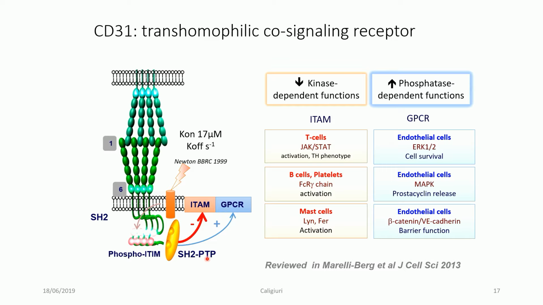And you have some signaling pathways which are dependent on the presence of phosphatases. Globally, it happens that on endothelial cells, CD31 is rather a promoting, positive coreceptor, whereas on T cells, platelets and leukocytes, it is more a negative coreceptor.